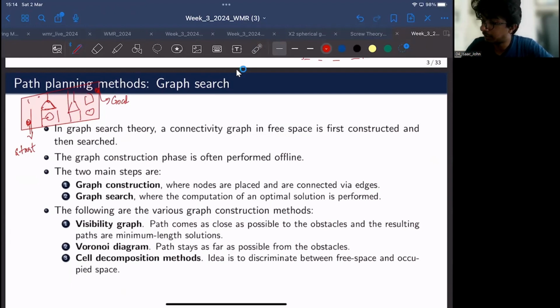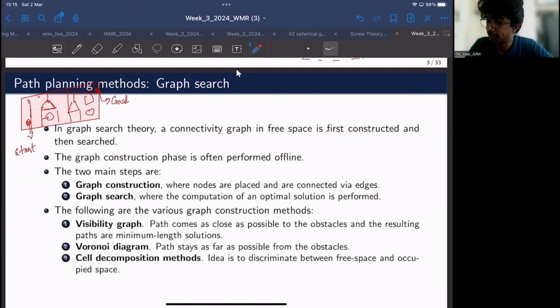Once you have this connectivity graph, the second process is called graph search, where the most optimal path along this connectivity graph is searched. The most optimal path to reach from a start position to a goal position will be searched. So first a connectivity graph will have to be constructed, then it will have to be searched for an optimal path.